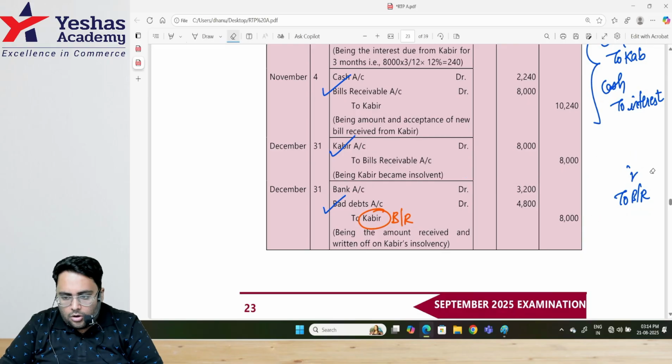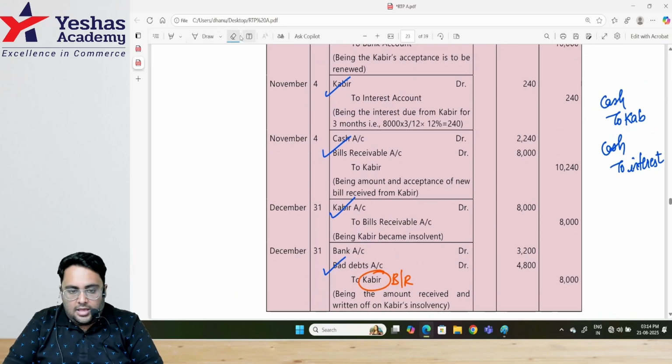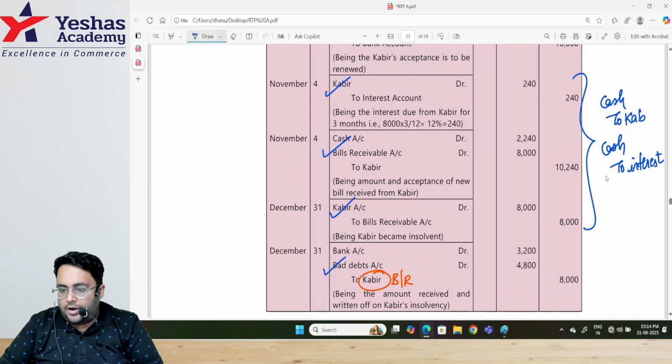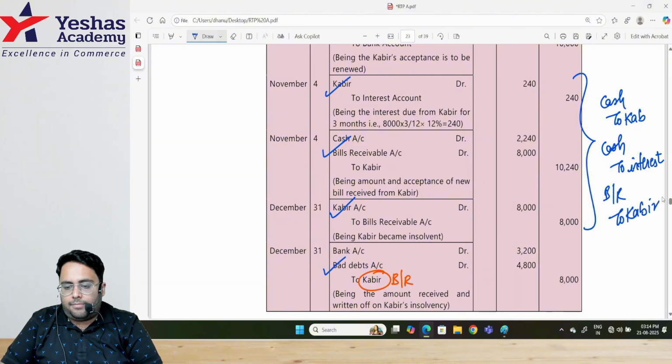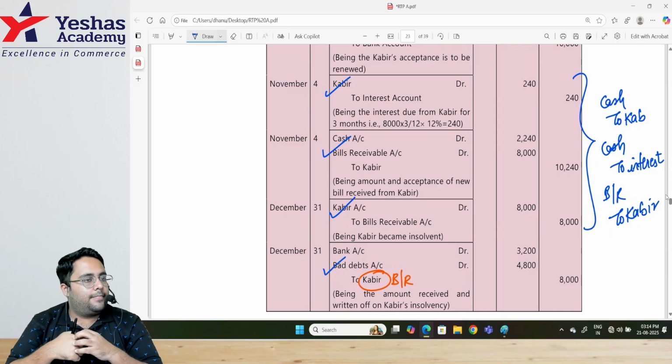They have recorded. Acha, they have combined one more entry together. I gave BR to Kabir, 3 separate entries for all this. They have recorded it together, okay, that's correct. What I say as recorded is also correct, and I gave separate entries.